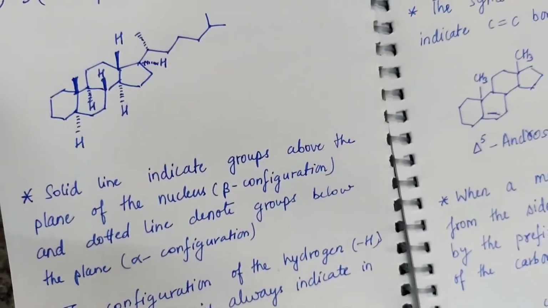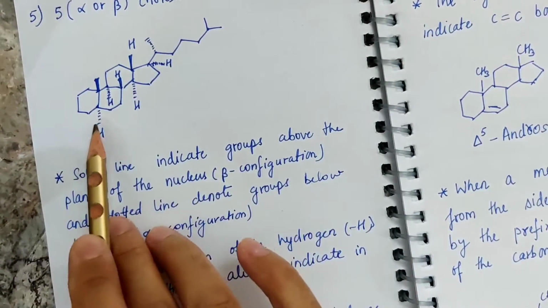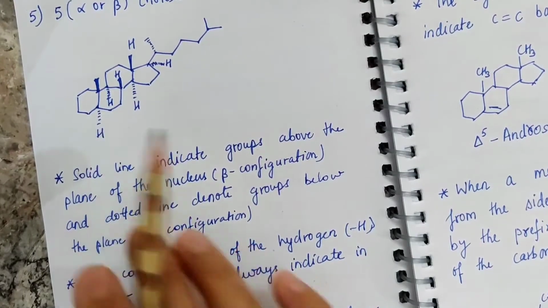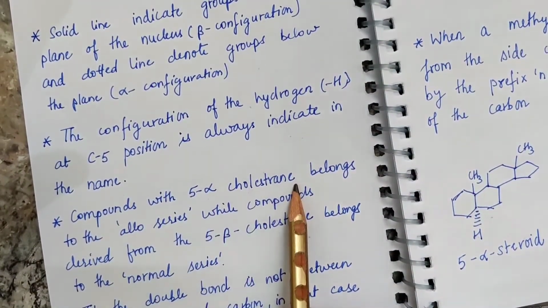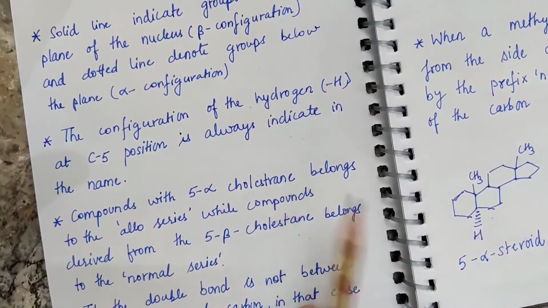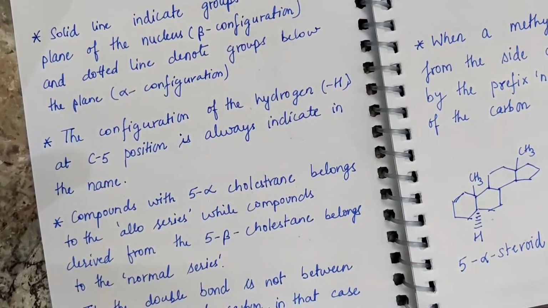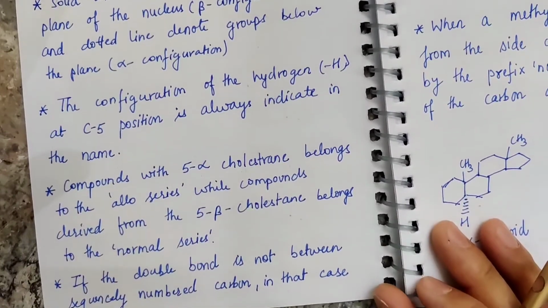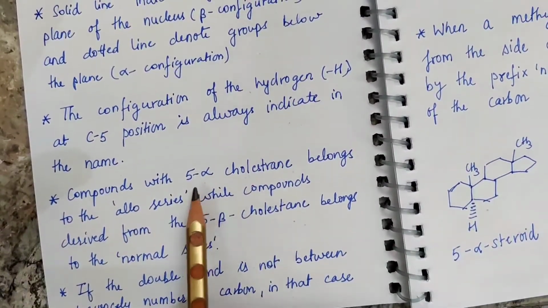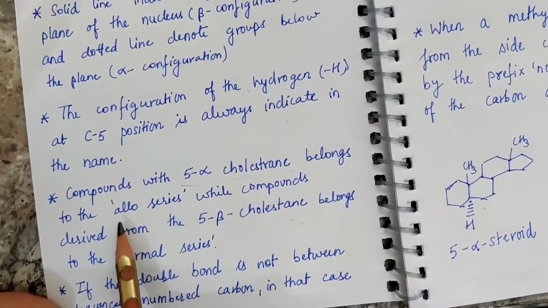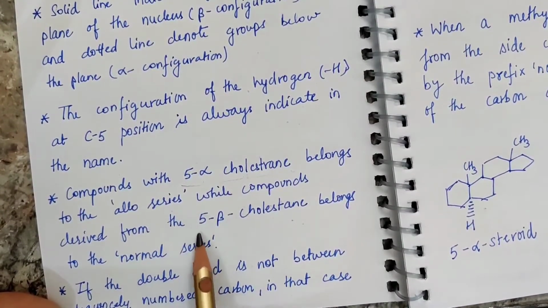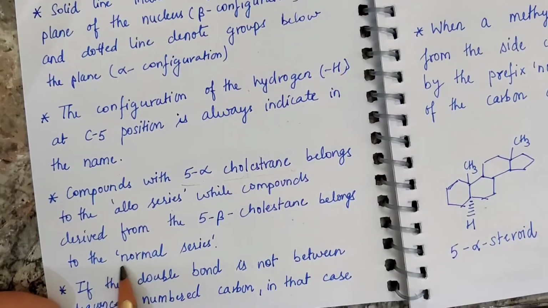If you see the structure of cholesterol, this is our alpha hydrogen. So the name will be 5-alpha cholestane. The compounds which have 5-alpha belong to the allo series, and 5-beta belong to the normal series.